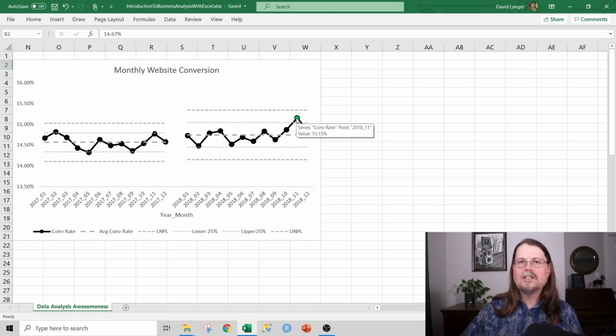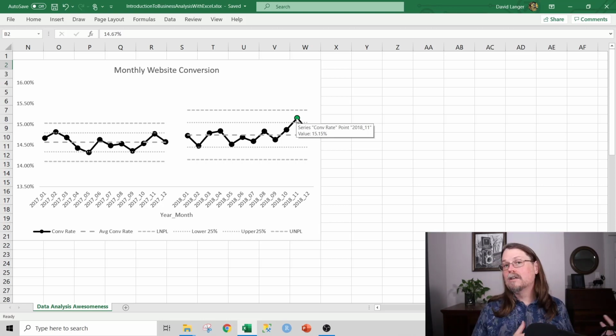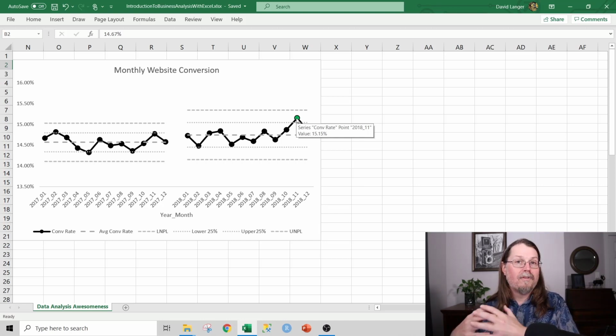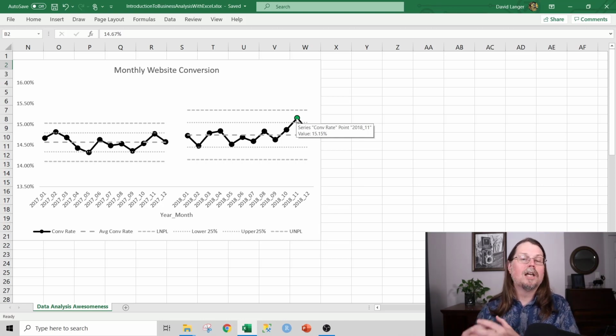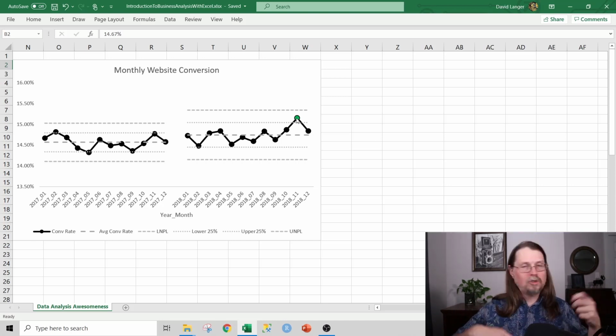She actually changed things and she drove up the conversion rate in a statistically significant way. So then you go back to Carissa's boss and you say, yes, based on the data, the performance that we've seen is unlikely to have happened because of any other reason than Carissa's changes to the website. And then Carissa gets her bonus or promotion or stock, whatever it might be, and everybody's happy.